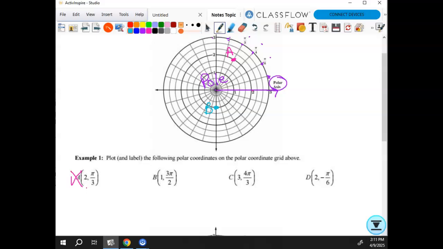Then I have (3, 4pi/3). What quadrant is 4pi/3 in? Third. And is my pi/3 angle closer to my y-axis or x-axis? Think about, picture a unit circle. Or pi/3, is it closer to my y-axis or x-axis? Y-axis, right? So if I'm going to go to the third, so I start at 3, because that's my radius.